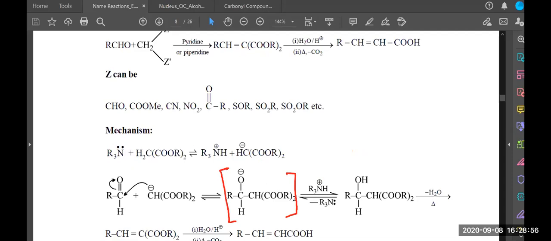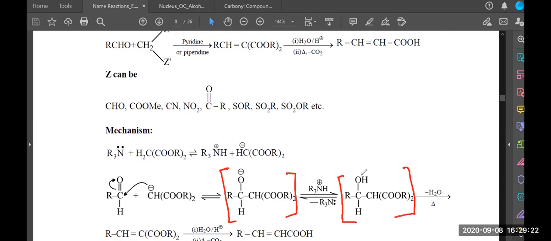Now, since H plus is taken, H plus is given back, so we'll have this. Again, if we have O minus and H plus is there, in the form of R3NH plus, H plus will be given, because this is your acid now.